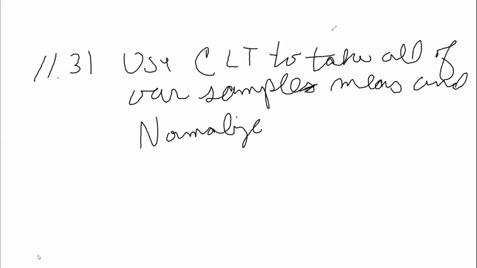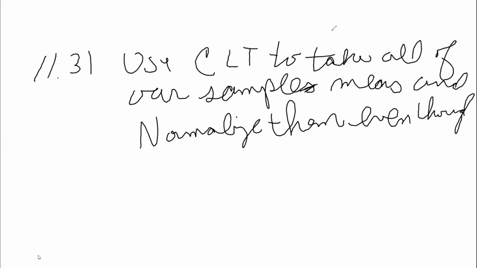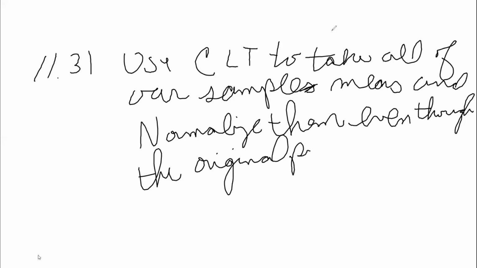If you ever go further in statistics, the central limit theorem is kind of cool because it says that any set of data, you can normalize them and make them into that curve that you saw in chapter 3, even though the original problem is not normal. That's the beauty of this.